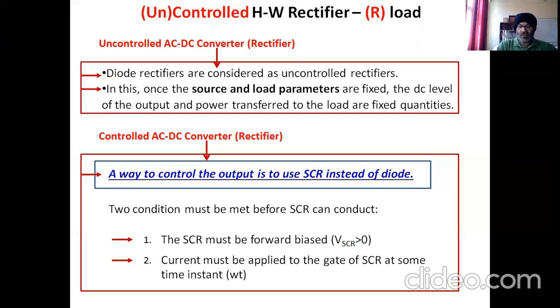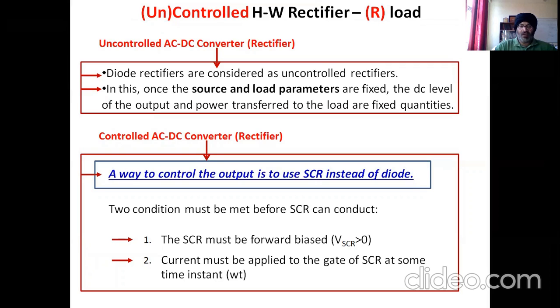Once it is forward biased, then a gate signal must be applied to the gate of the thyristor at any particular point of the omega t axis. Once that gate signal is applied, the thyristor starts conducting.